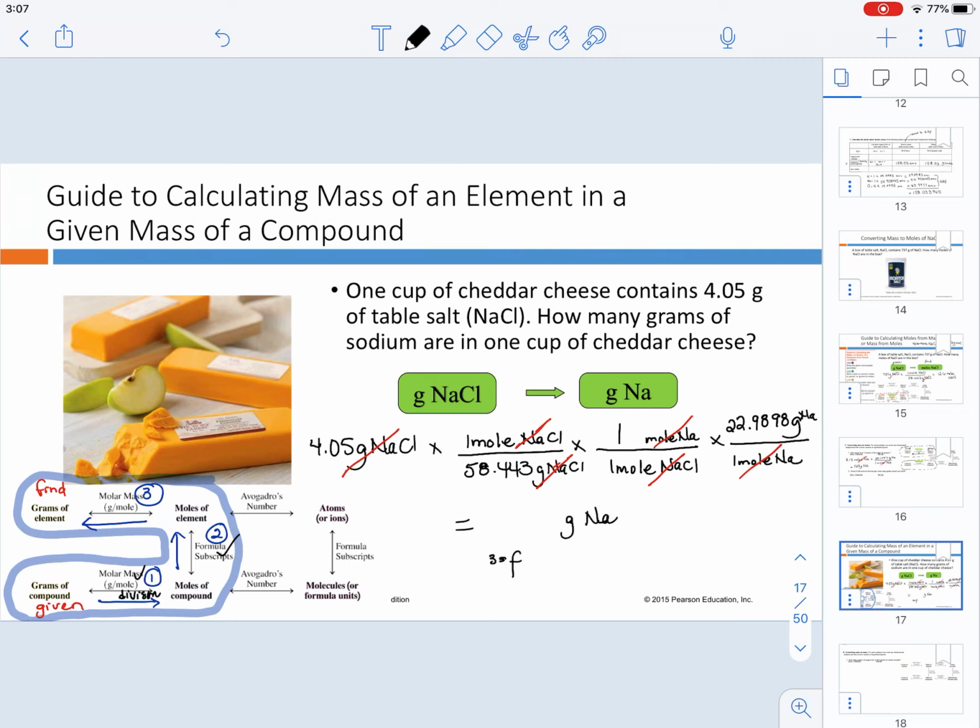So when I do this problem, I'm going to multiply 4.05 times 1 times 1 times 22.9898, and then I'm going to divide all of that by the result of multiplying 58.443 times 1 times 1. And I find that if I round my calculator display to 3 sig figs, I'm going to find 1.59 grams of sodium.